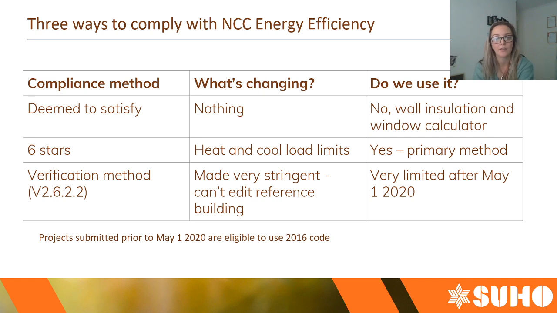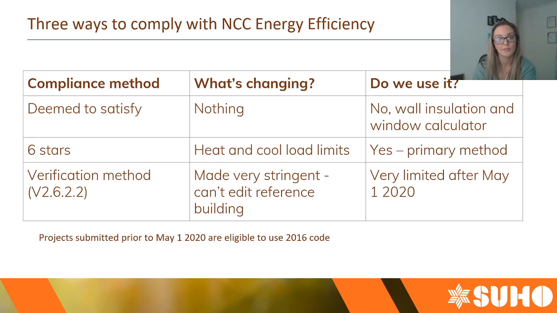Nothing's really changed there. The rules are more or less the same. However, the glazing calculator under the DTS requirements is usually too stringent. Excuse me, Max. It is usually too stringent to use. So we usually go for a couple of the performance methods instead of the DTS method because it's usually more flexible and cheaper to get compliance using the performance calculations.